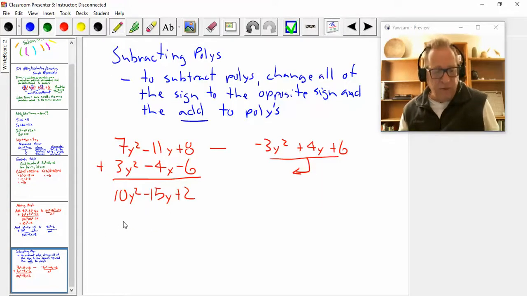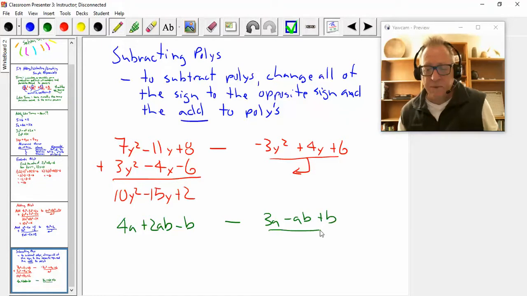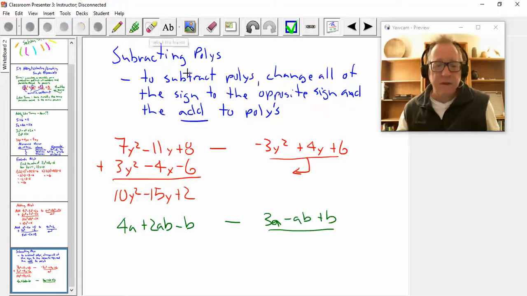Let's take 4a plus 2ab minus b, and I want to subtract 3a minus ab plus b. Once again, that was an a there. Getting uglier instead of better.